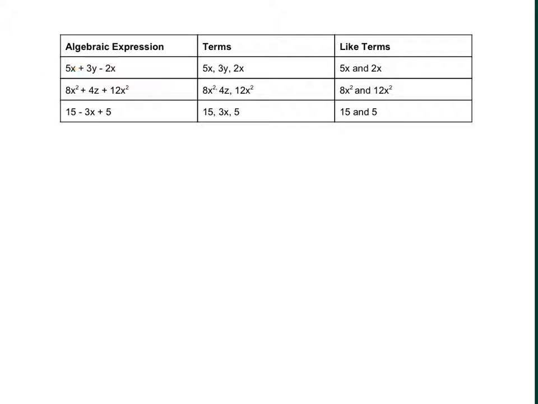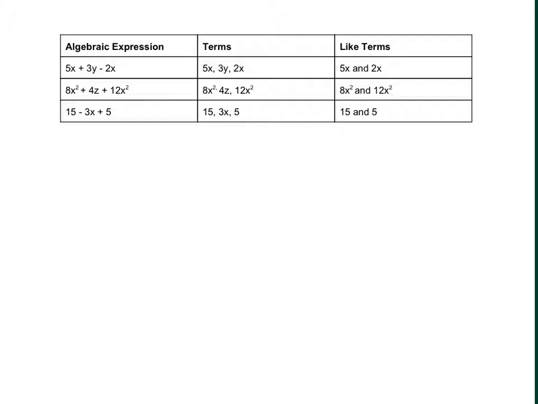When we're talking about like terms, things that are the same, it is the terms with the same variable. So 5x and 2x have the same variable. 3y, that y is different than the x's, so it is not the same. So our like terms are 5x and 2x.